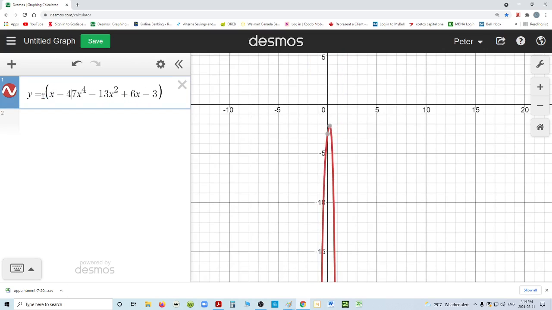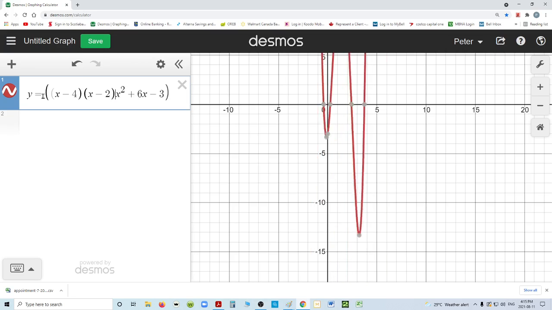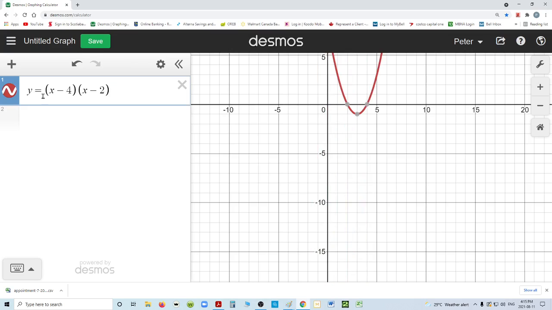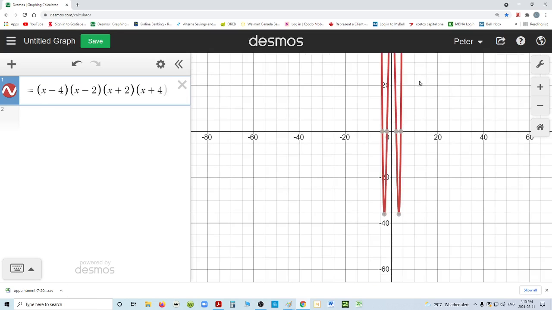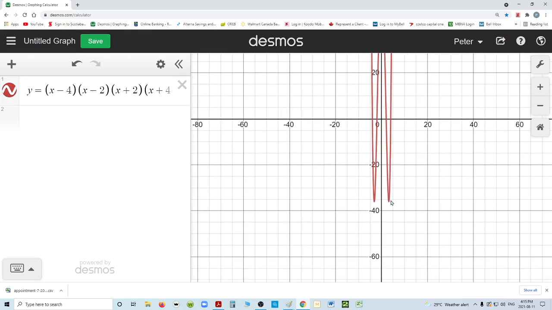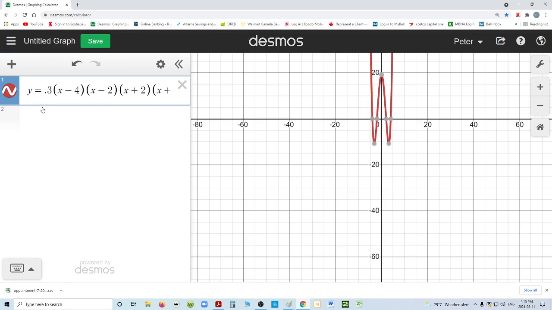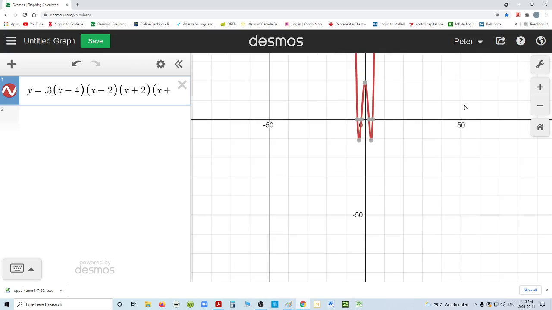X minus 4, X minus 2, X plus 2, X plus 4. There, we're going to see a nice W here. And put a 0.3 to give it more of a W shape.